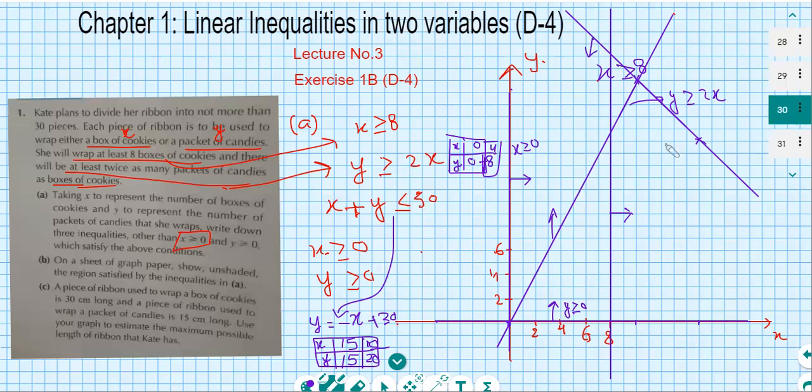So above, below, and left, you can see that this is the region, which satisfies all the inequalities.